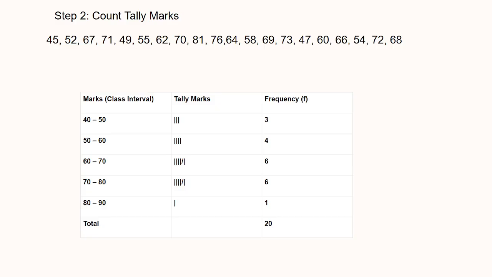Similarly, 52, 55, 58 and 54 falls in 50 to 60. So we place 4 tally marks. After completing tally marks, we simply count them to get the frequency. Here, tally marks helps us organize the data quickly and avoid counting errors.